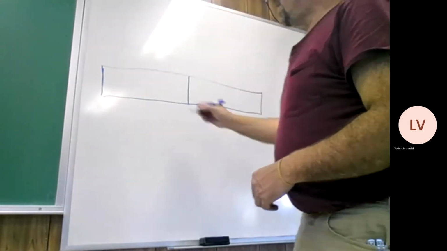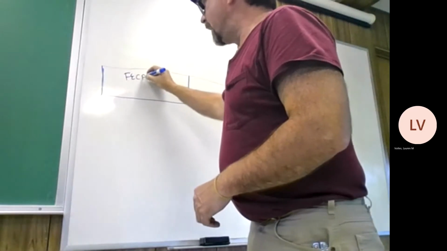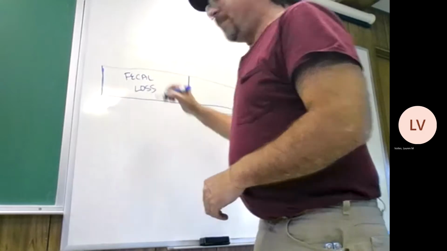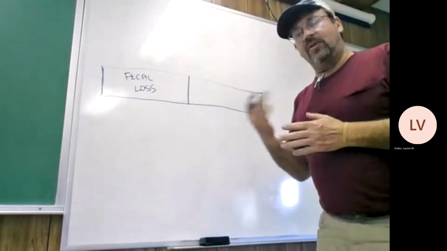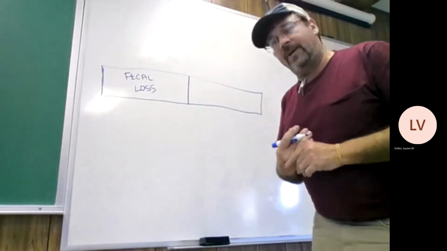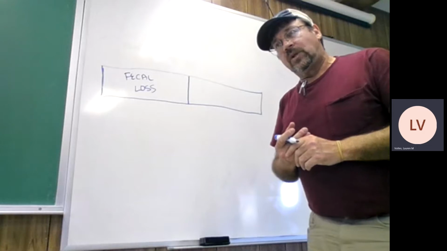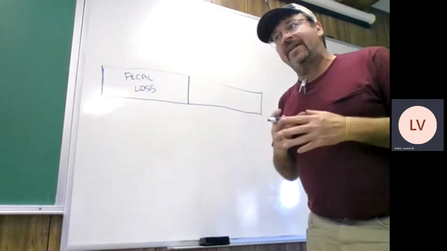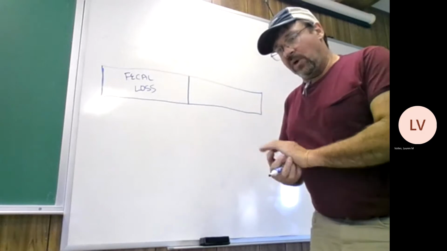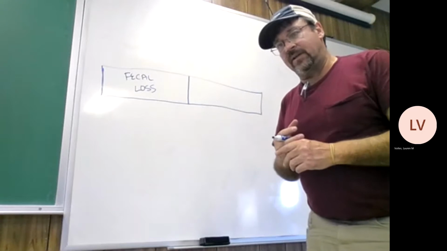So half of the calories that go into a cow are going to go right through the animal. So we're going to have a certain amount of fecal loss. With a cow, that's going to be about 50%. Why does it go just straight through them? Because they can't extract the energy between the microbial work in the rumen and her work as a small intestine.